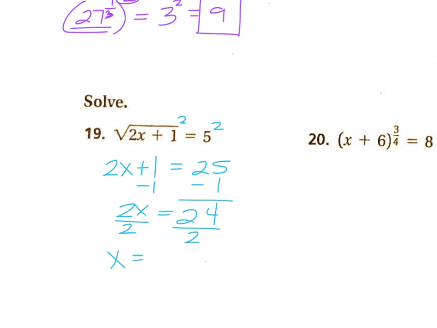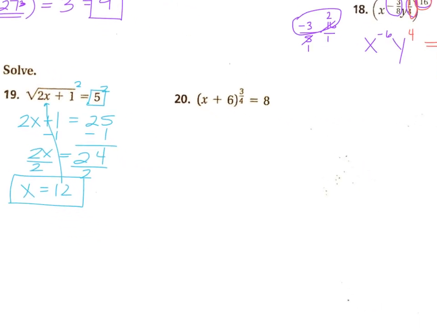So x is going to be 12 here. And you can always double check by plugging it back in. 12 times 2 is 24, plus 1 is 25. The square root of 25 is, in fact, 5. Okay. All right, number 20. If you remember these ones, we had to take this whole thing to the reciprocal power, right?